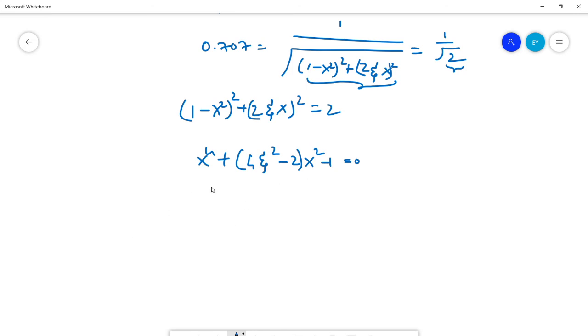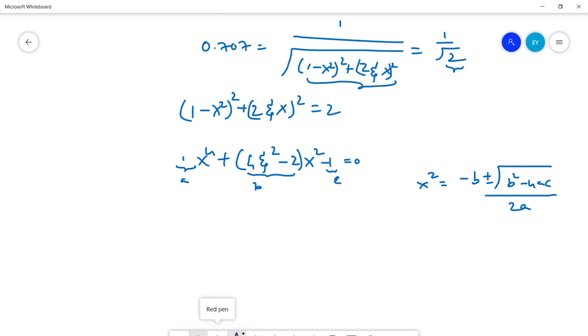So to find the roots of the quadratic equation, here x power 4 is there, so you get x square is equal to minus b plus or minus root of b square minus 4ac by 2a. Here a is 1, b is this one, and c is minus 1. So just substitute a, b, c to get the roots of it.